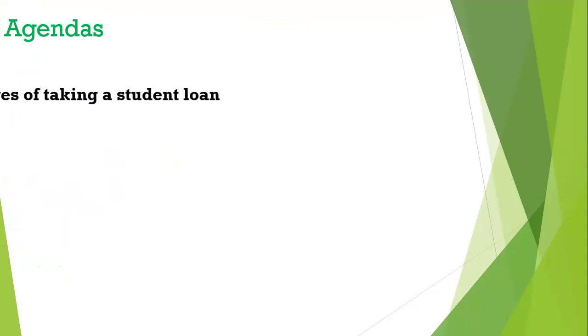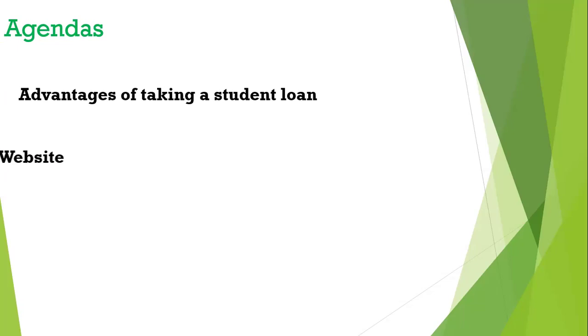So we are going to look at the interest and how a student loan is really planned out. What percentage of your student loan are you supposed to pay interest on and why?